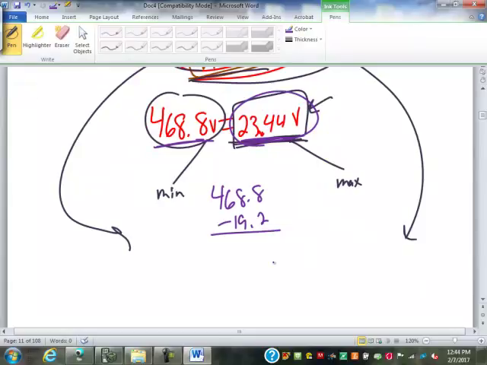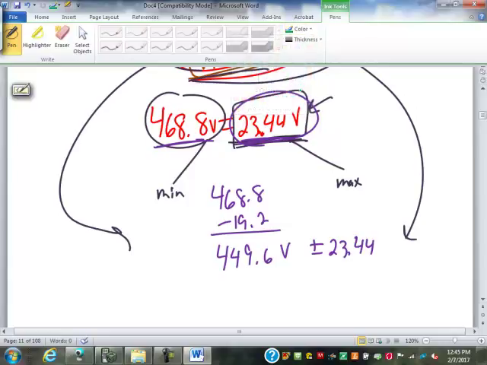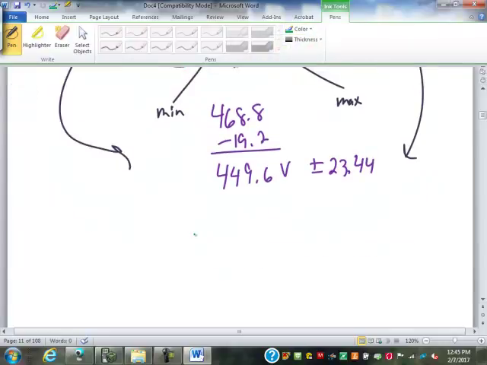So we're getting at the device 449.6 volts plus or minus 23.44. And now we can add and subtract that to get our minimum and maximum.